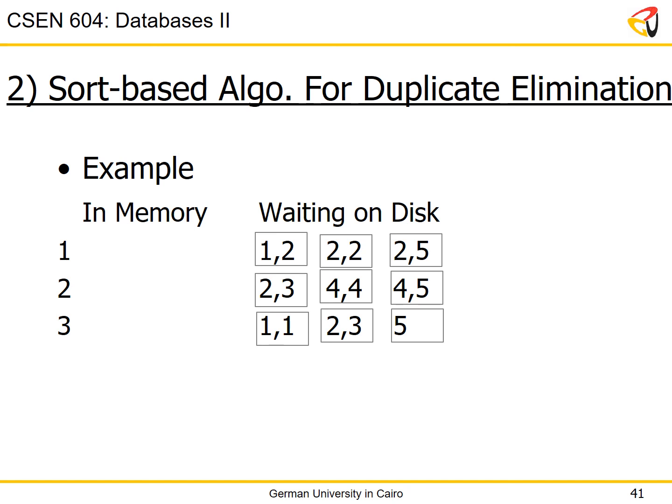So what I would like to do here is eliminate duplicates from my result set. So what I'm going to do is process the pages on disk to eliminate the duplicates. Now, what I have on disk are all these pages, 1, 2, 3, 4, 5, 6, 7, 8.